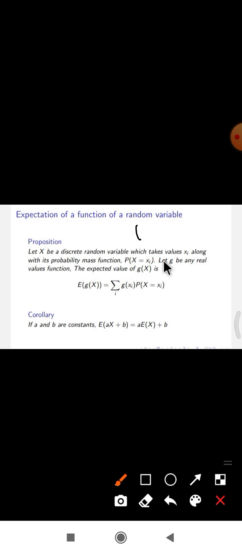For any real valued function g, we can say that the expected value of g of x is relative to the function.